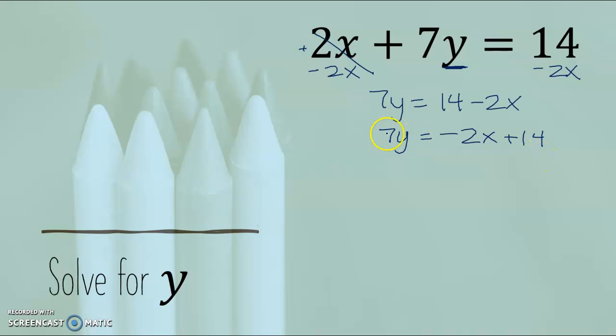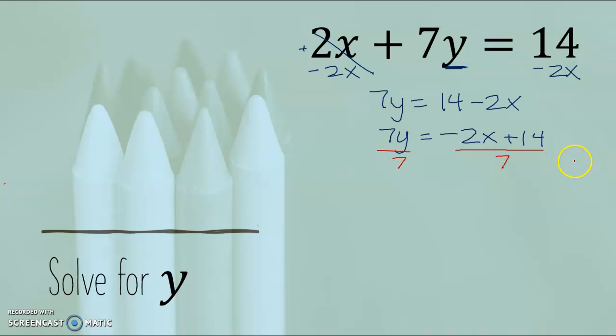Now, we have still this coefficient of 7 that we need to do something with, right? So this is 7 times y. So to undo that multiplication, we are going to divide both sides by 7. And if we do something to one side, we have to do it to everything on the other side.